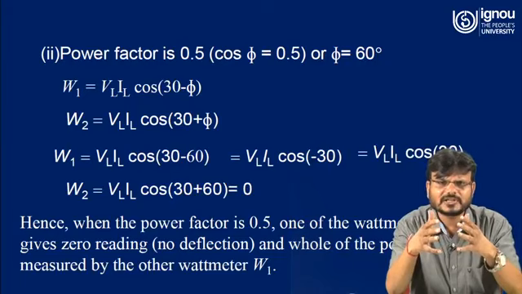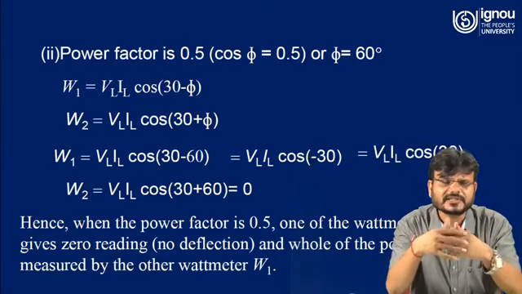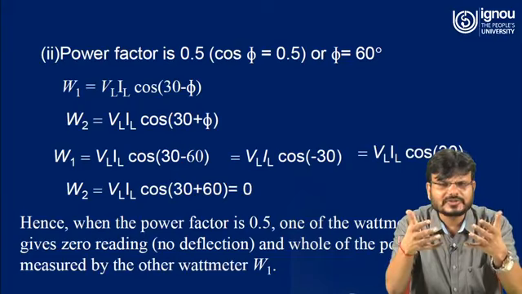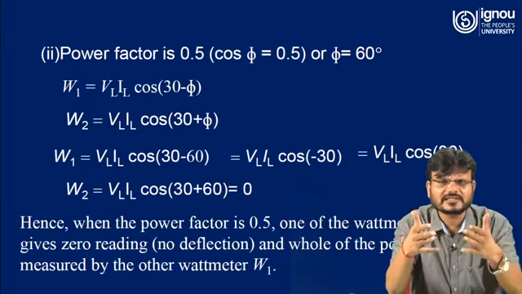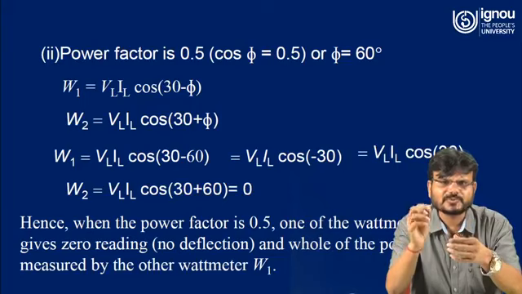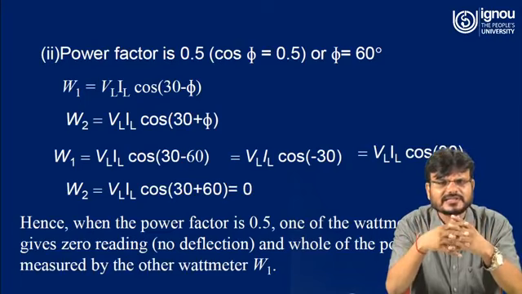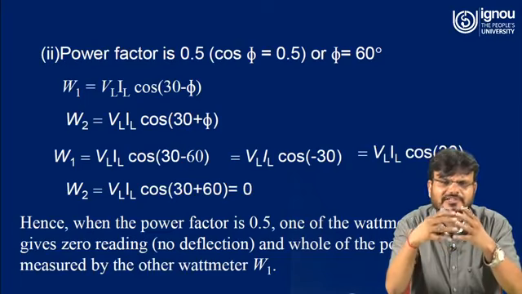Now put phi equal to 60 degrees in the reading of the second wattmeter, W2. W2 is equal to VL IL cos(30 plus phi). Putting phi equal to 60 degrees, 60 plus 30 is 90 degrees, and cos 90 is equal to 0.